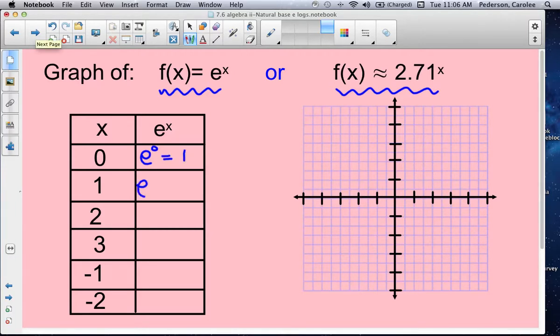Now let's substitute 1 in. E raised to the 1. E to the 1 is e, which is approximately 2.71. Then we'll go e to the 2. E to the 2 is the same thing as 2.71 times 2.71, or e squared, and you get approximately 7.3.